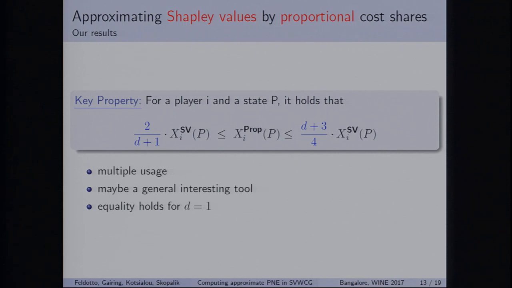This approximation inequality is used in multiple places in our paper for multiple proofs. It could be a useful tool also for other applications apart from this one. And the last thing I would like to mention is that the equality here holds for d equals 1. So that means that for linear functions, Shapley values and proportional shares coincide.